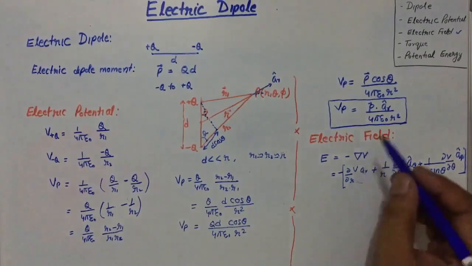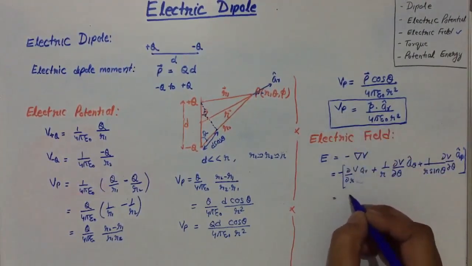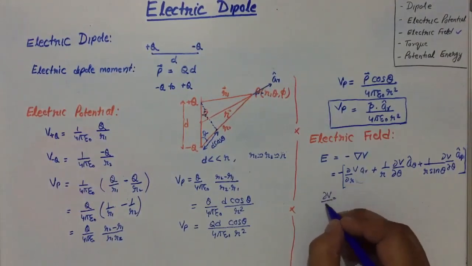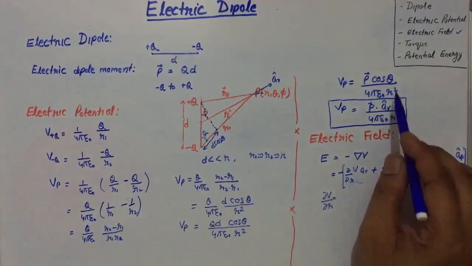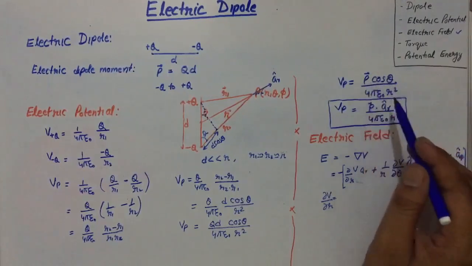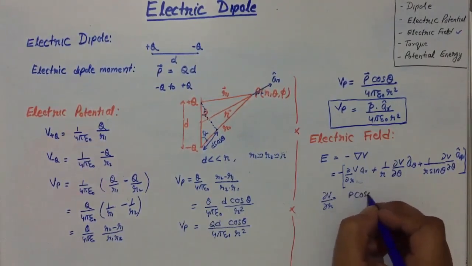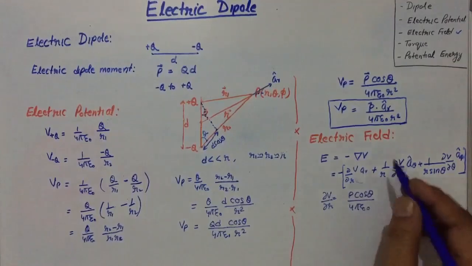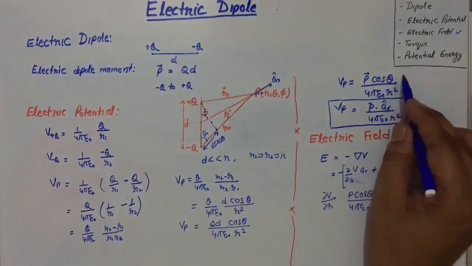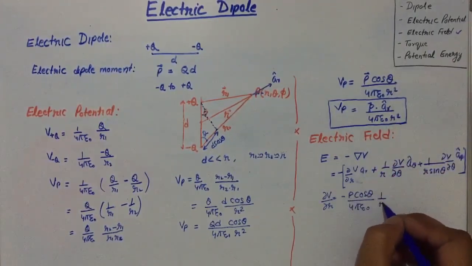And we know V is given here. Then we can say del V over del r, just differentiate this with respect to r, so it can be p cos theta divided by 4 pi epsilon naught times r to the power minus 2, it should be minus 1 by r.